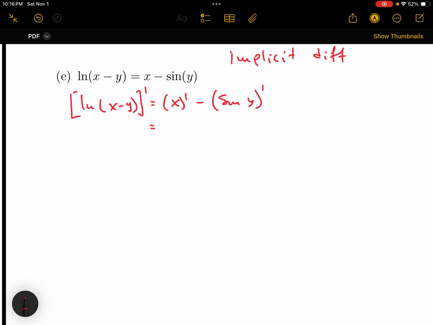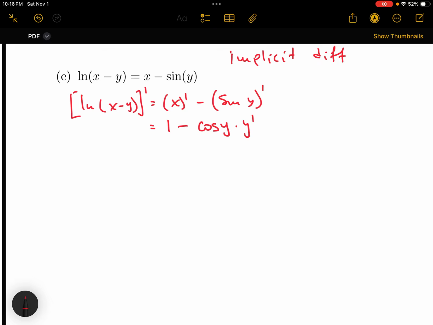The right hand side seems easier right now. Derivative of x is just 1 minus derivative of sine of y, which is cosine of y. Don't forget to multiply by y prime because we are differentiating a function y that is defined in terms of x, except that we don't know its explicit definition.